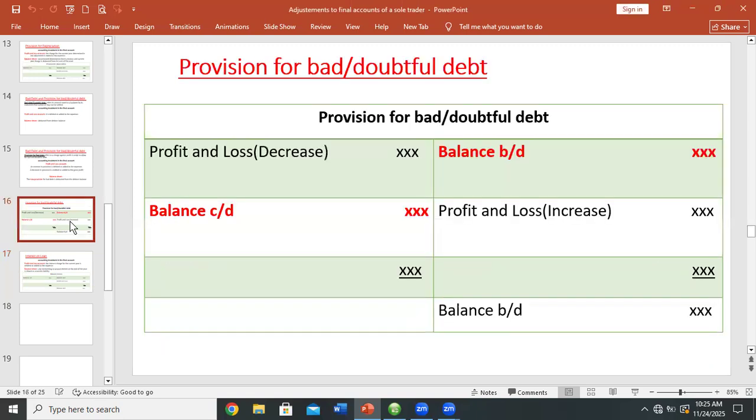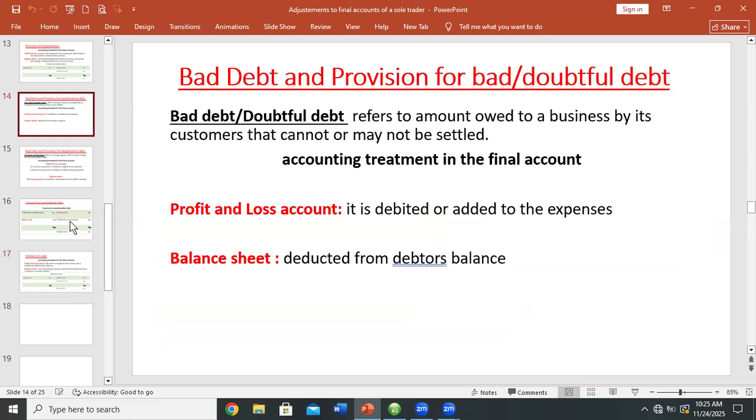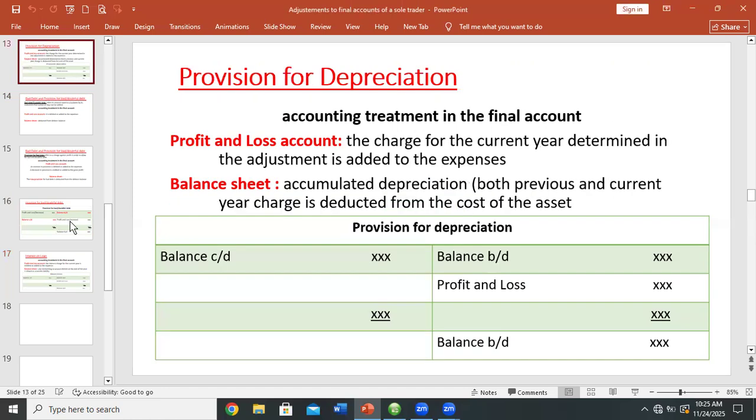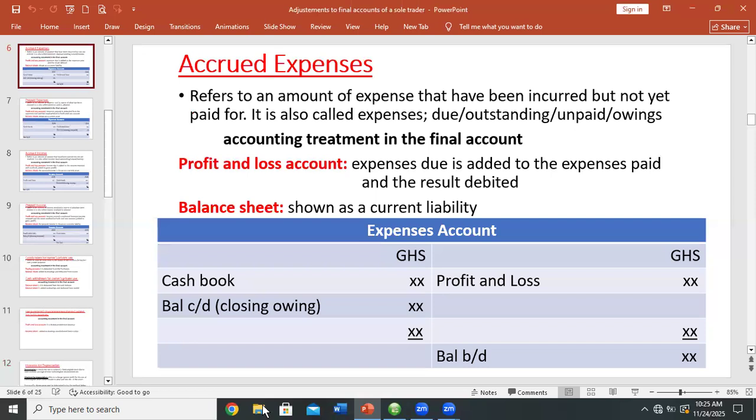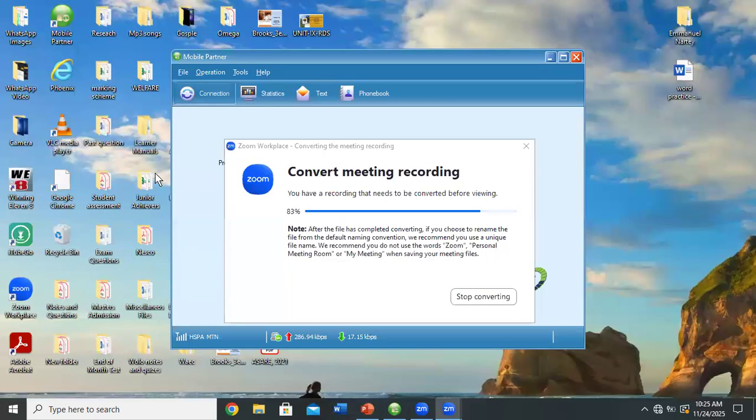We'll leave the provision for bad debt to the next class. So let me take us to an illustration where we'll see this manifesting and how we would go about adjusting them.